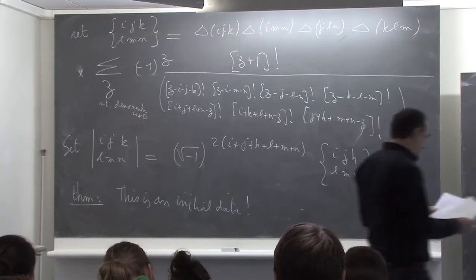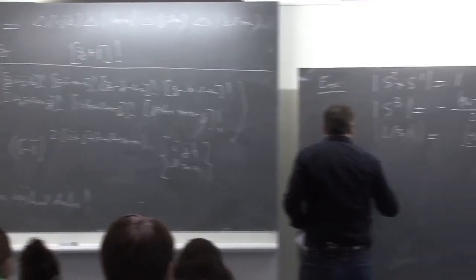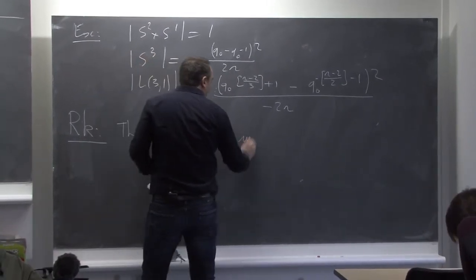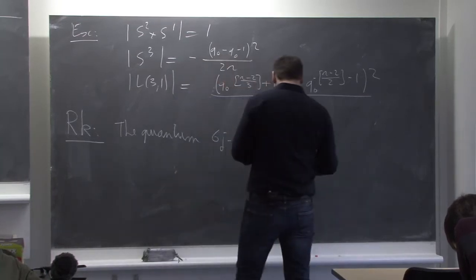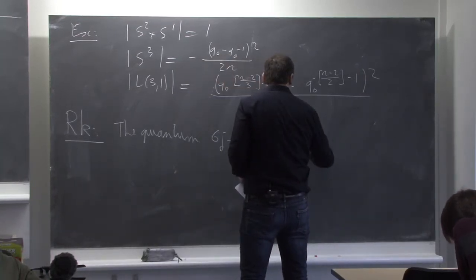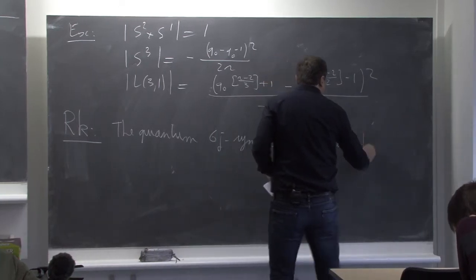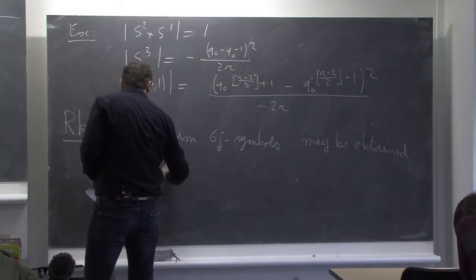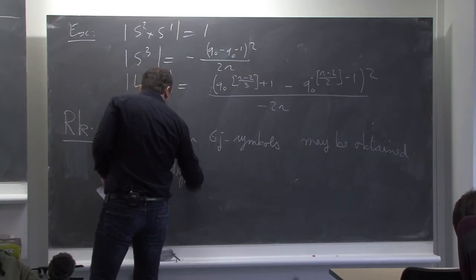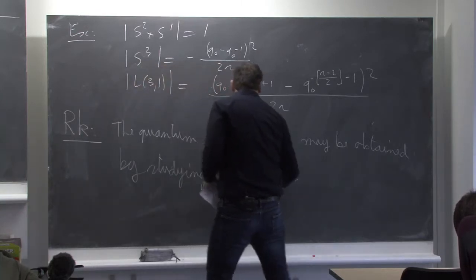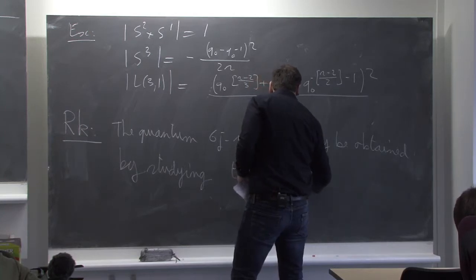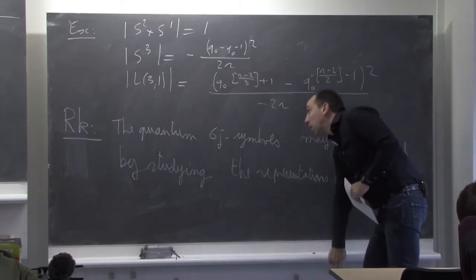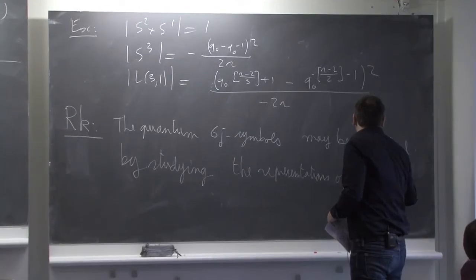So the quantum CG symbols may be obtained by studying the representation of UQ SL2.